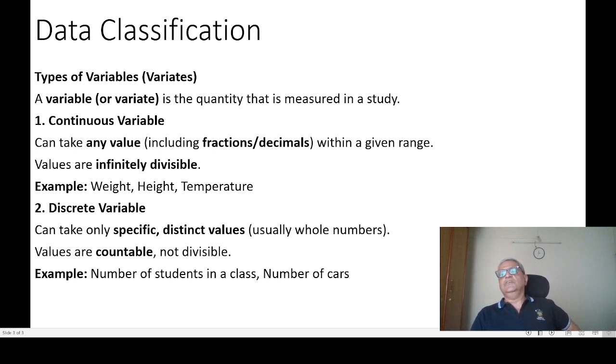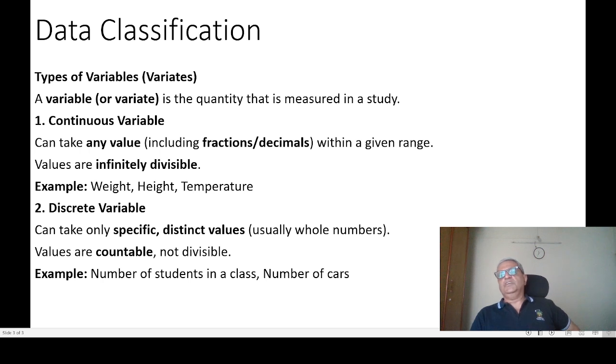No. Or this family has two cars, the other family has 2.5 cars. No. So the number of cars a family owns is a whole number. Similarly, number of students in a class is a whole number. So basically, the types of variables are two, continuous and discrete.